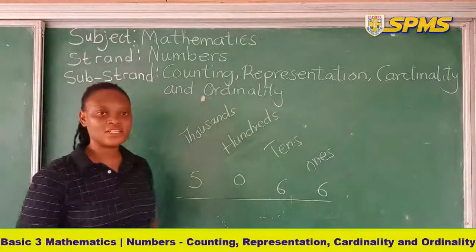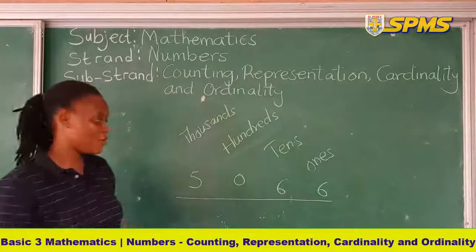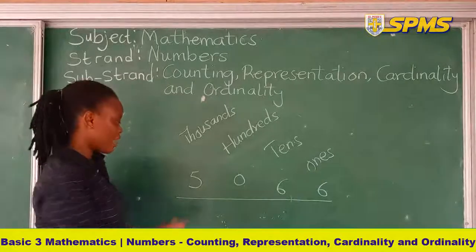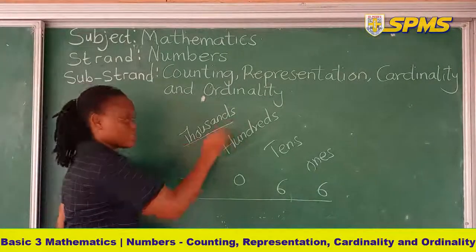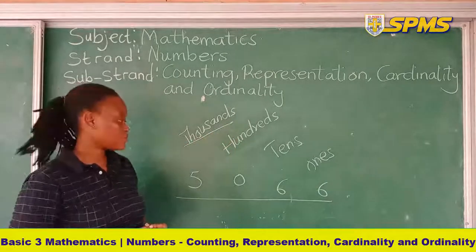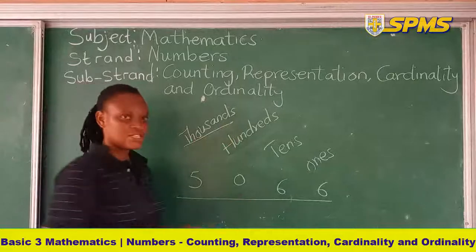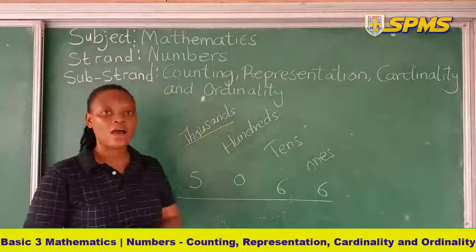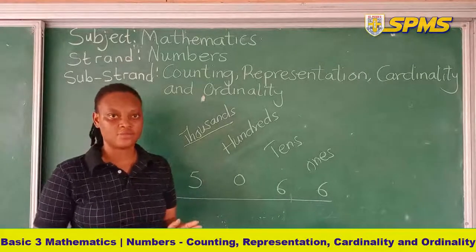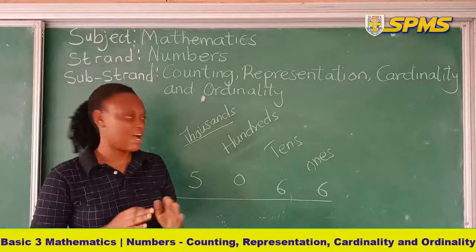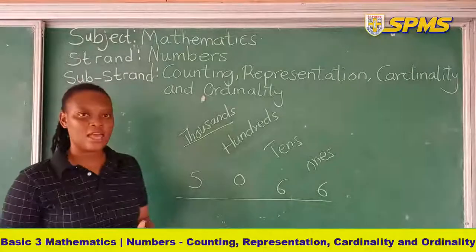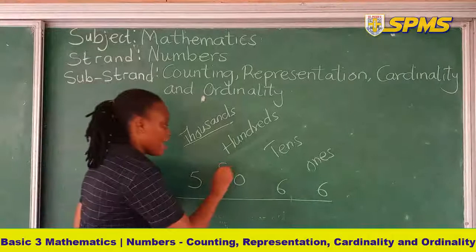How do we mention the number on the board? Yes, so we have 5,000. Do you say 0 hundred? No, there is no hundred. There's nothing under the hundreds column, so we have to skip that.